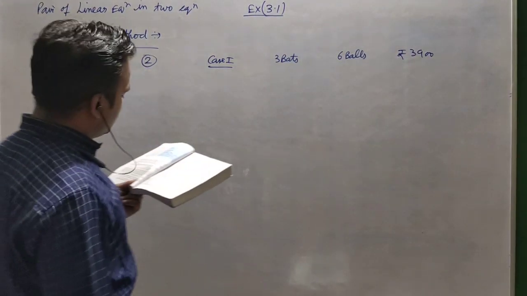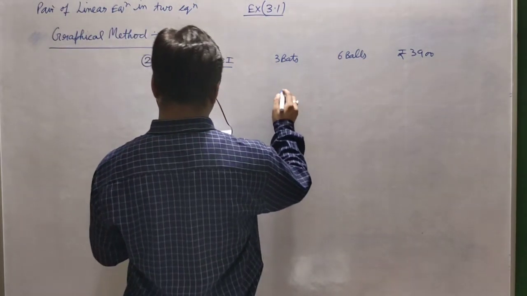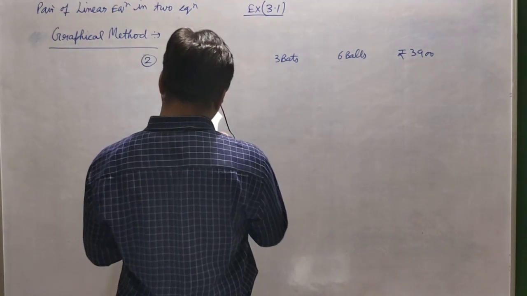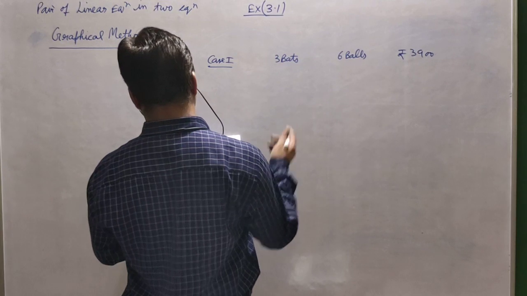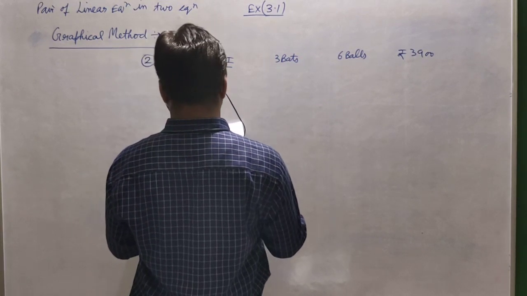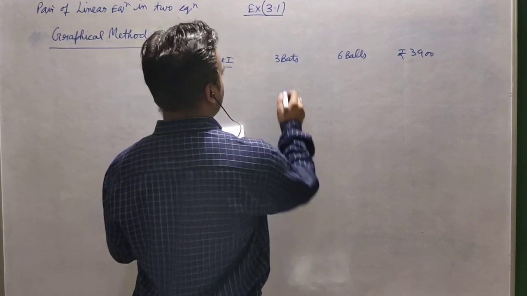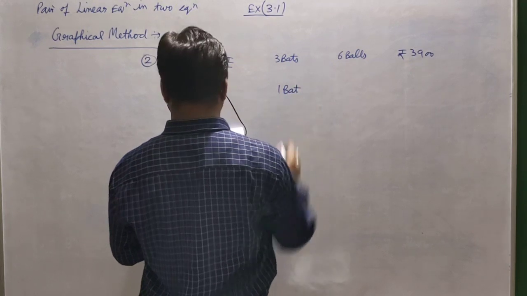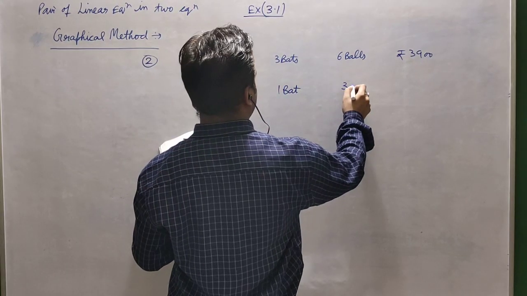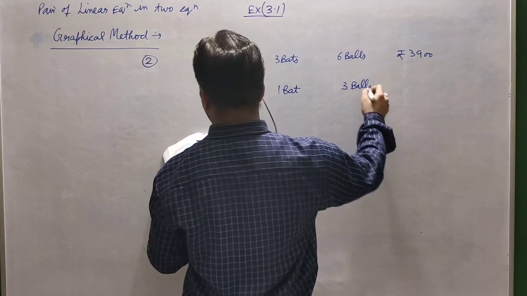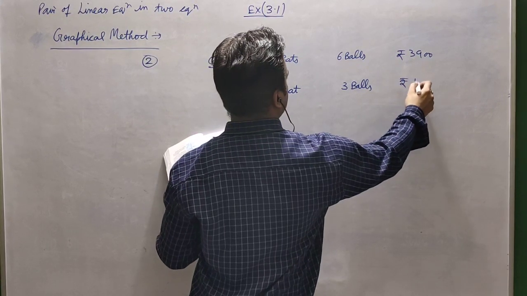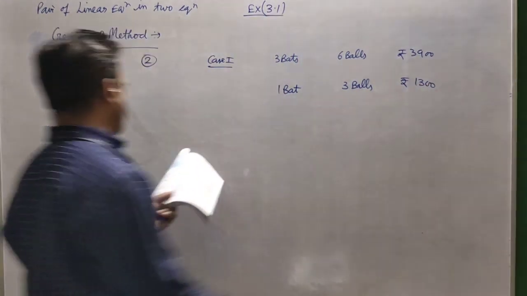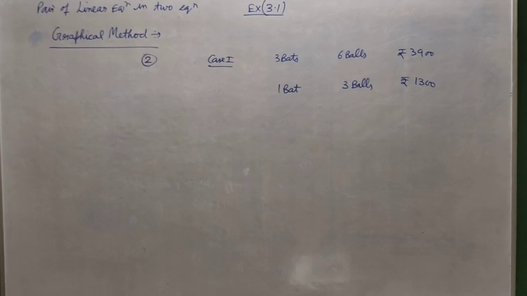Later she buys another bat and 3 more balls of the same kind, meaning 1 bat and 3 balls, for rupees 1,300. Represent this situation in graphical algebraic form, and geometrically also.